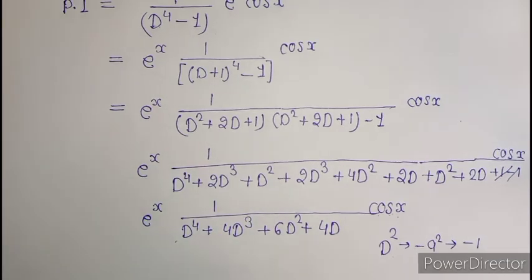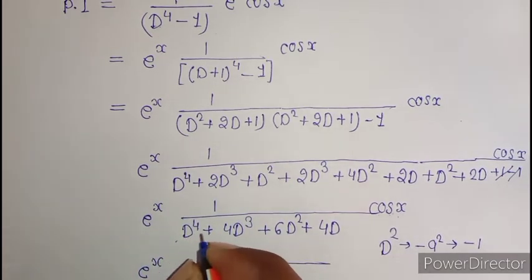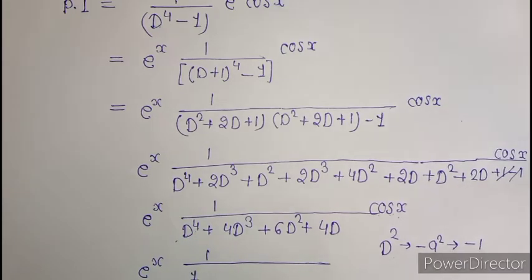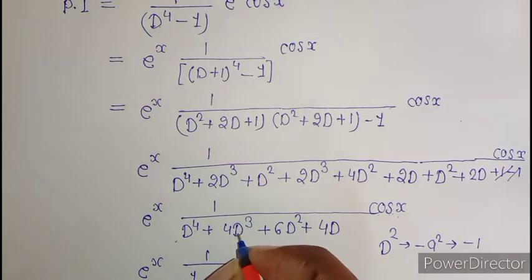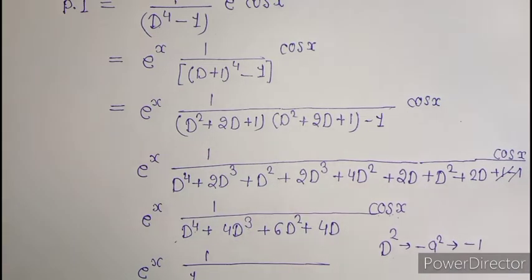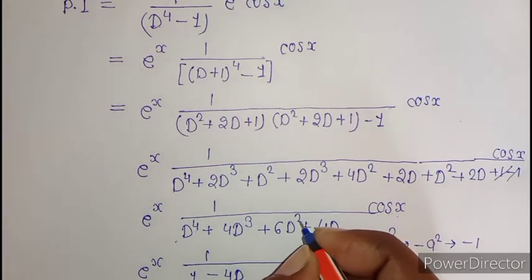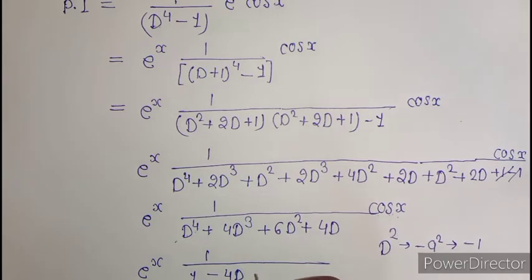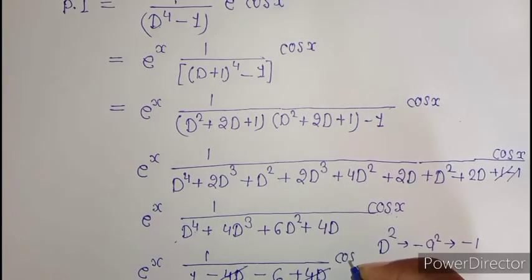So in this way we can solve this, and what we get is D raised to power 4 becomes minus 1, and minus 1 multiplied together becomes plus 1. Here it gives minus 1 because D square is replaced by minus 1, but 1 D remains, so it gives me minus 4D. And here D square is replaced by minus 1 again, so it gives me minus 6 plus 4D. Now we can see 4D gets cancelled by 4D, so we get only this term.